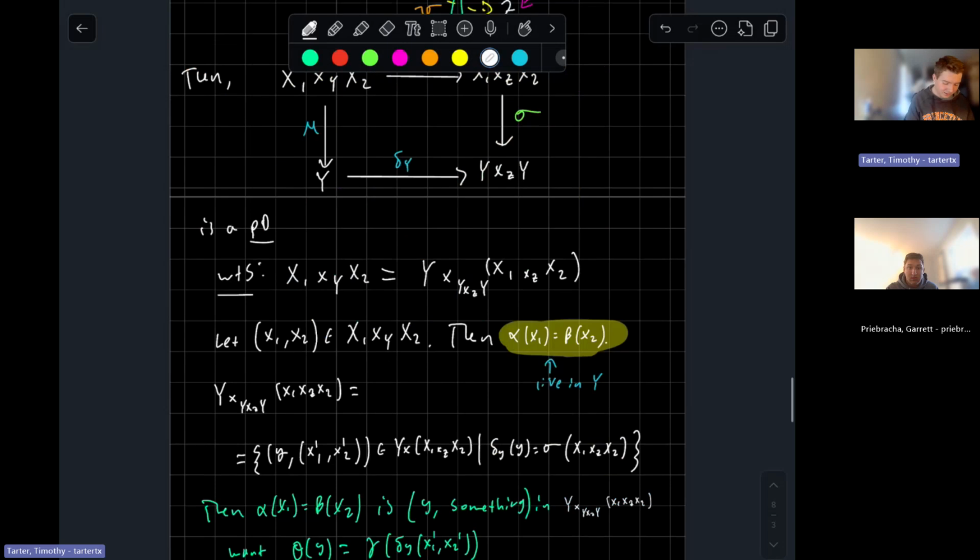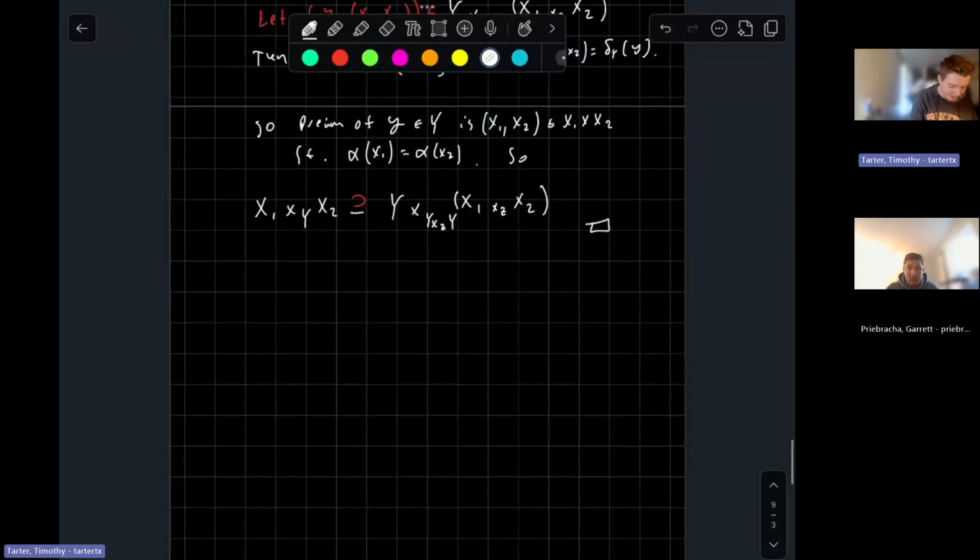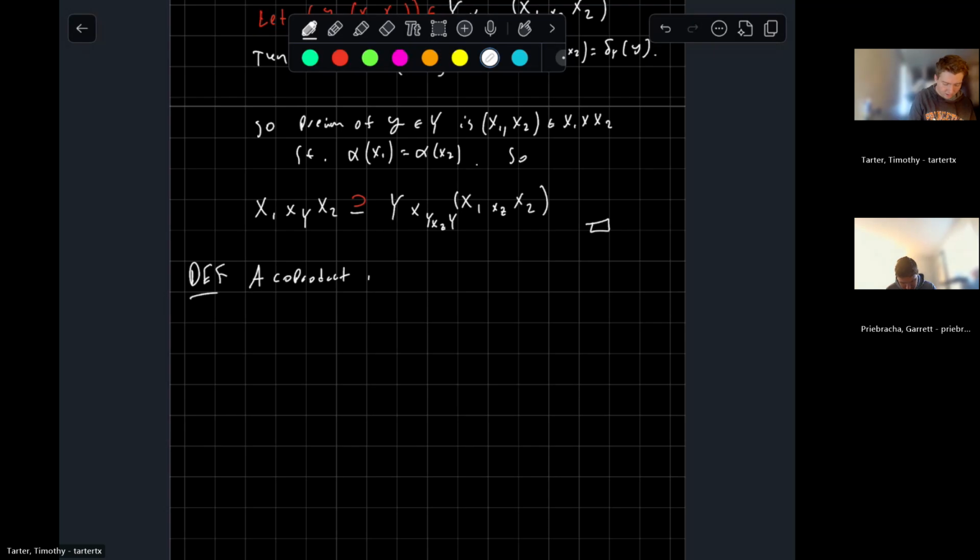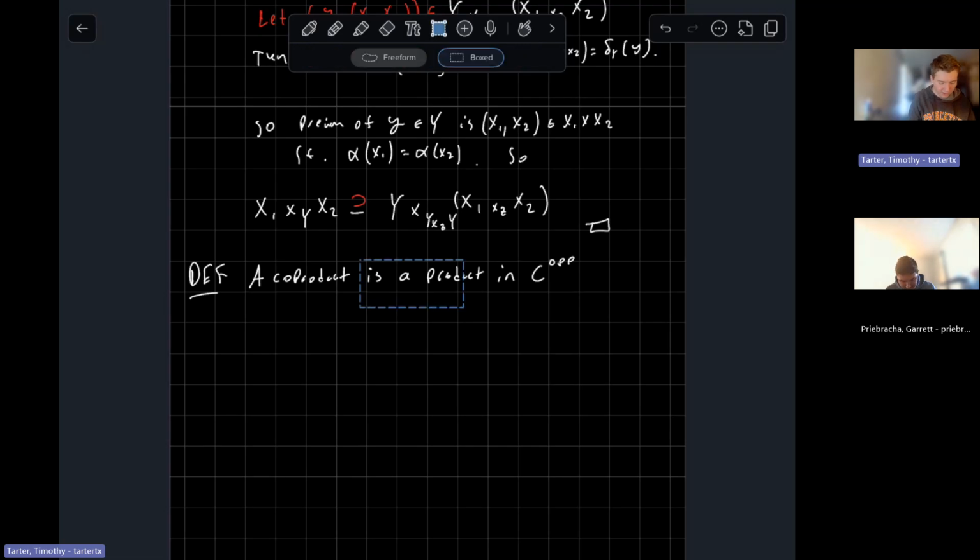Okay. So, breaking things in easy with the definition. A coproduct is a product in C op, or rather, a coproduct in C is a product in C op.